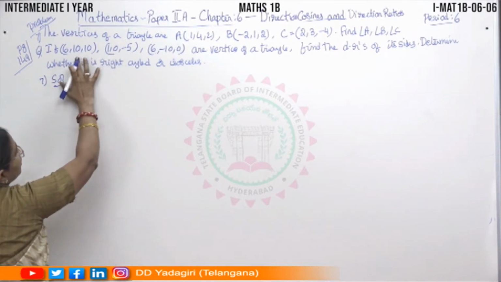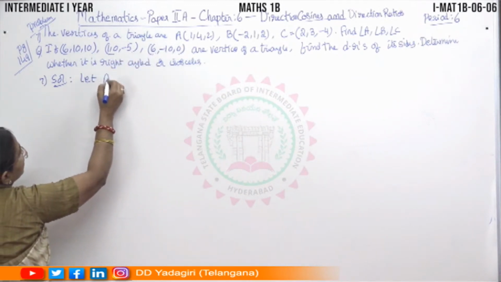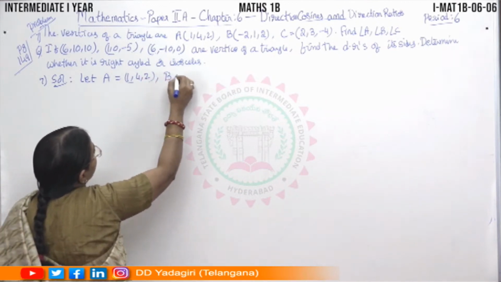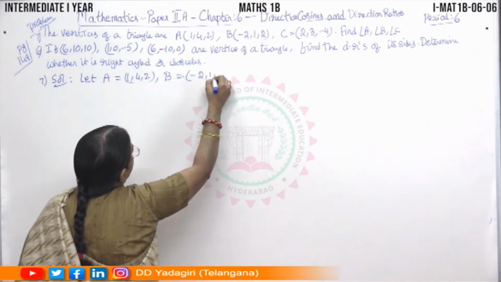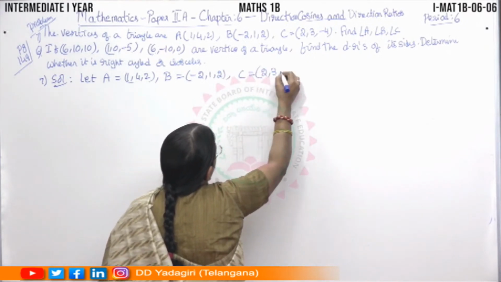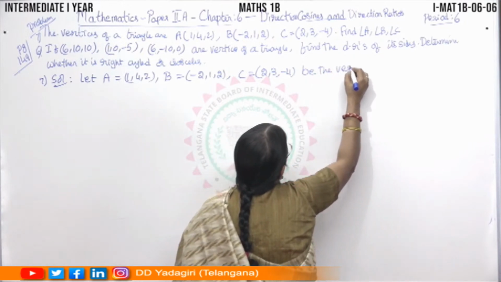In the 6th problem, you take the vertices as A, B and C. Let A is equal to 1, 4, 2, B is equal to minus 2, 1, 2 and C is equal to 2, 3, minus 4 be the vertices of triangle ABC.